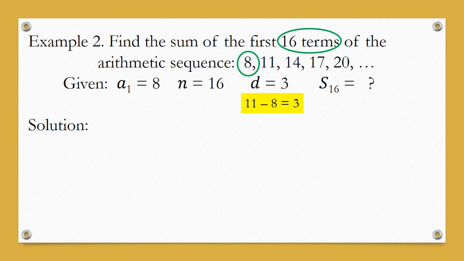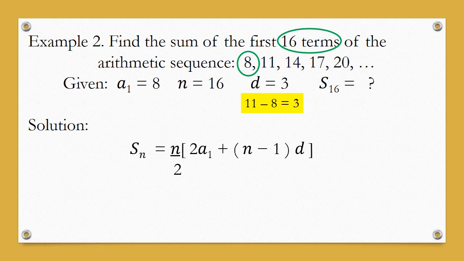Ang result nun ay d is equal to 3. So now, you're going to solve for S sub 16. Why 16? Since there are 16 terms to be totaled.